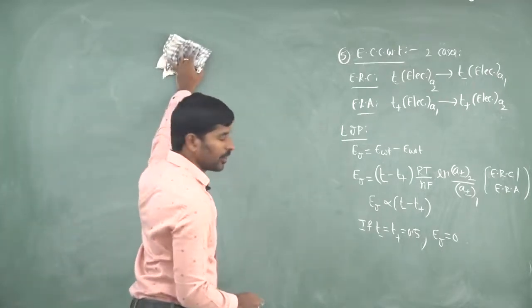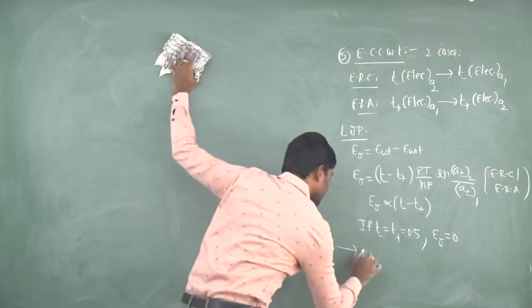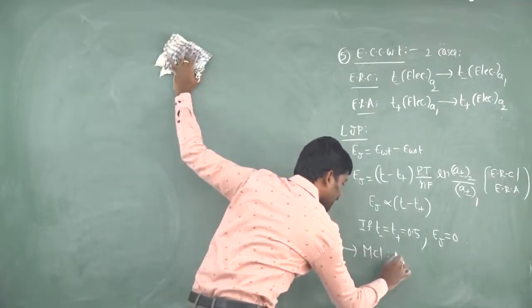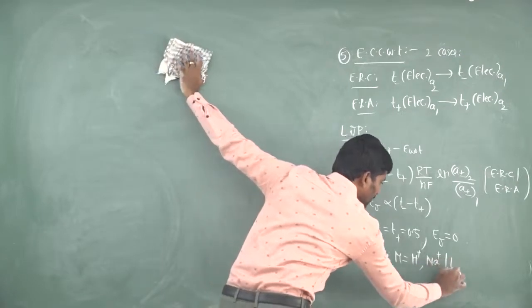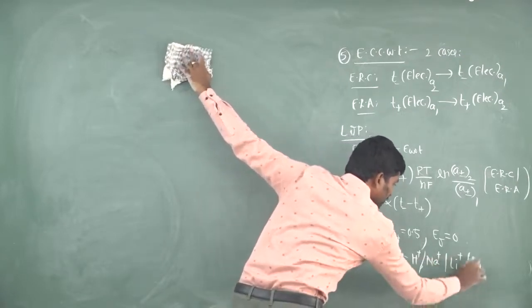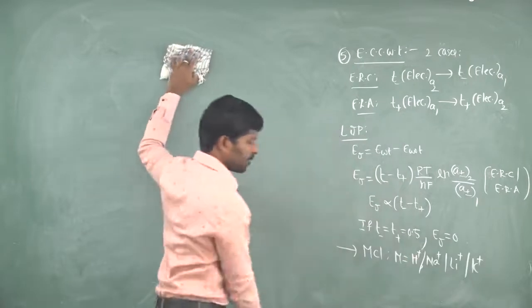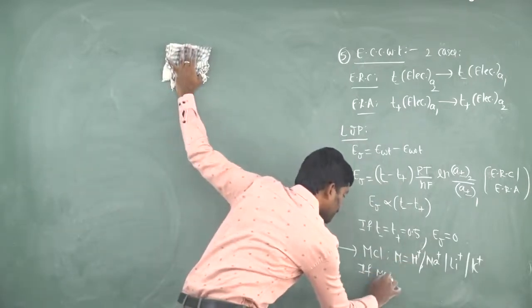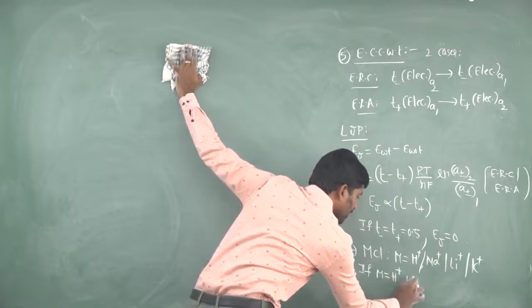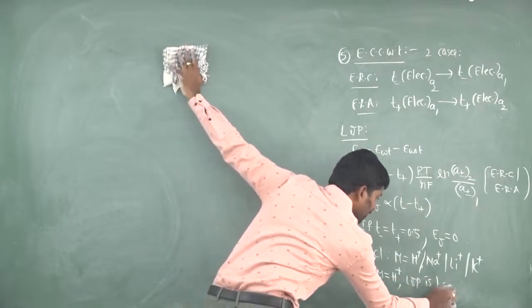For example, we are taking an electrolyte MCl where M may be H plus or sodium plus or lithium plus or K plus. When is liquid junction potential high? If M is equal to H plus, then liquid junction potential is high.